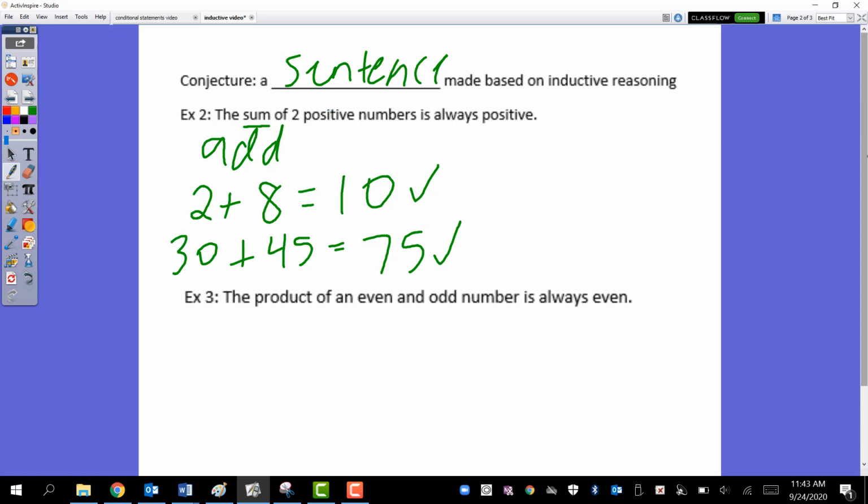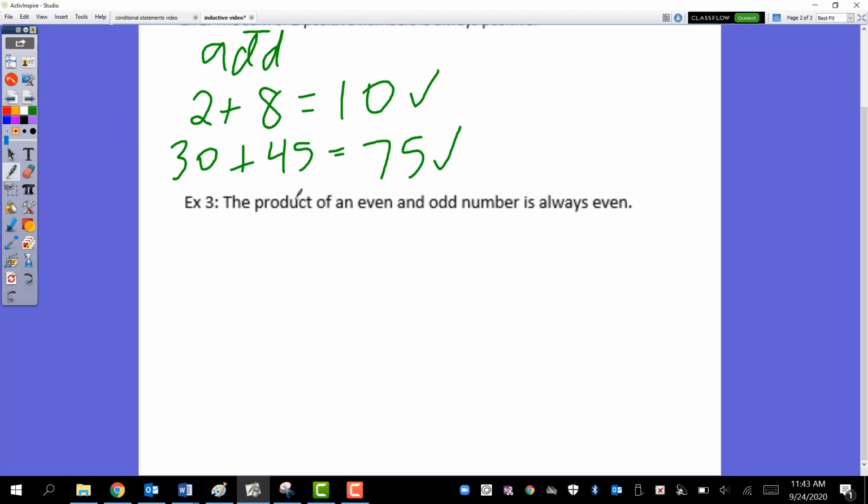Another sentence: the product of an even and odd number is always even. I'm not sure if that's true. Let's find out. First of all, we know that product means multiply.